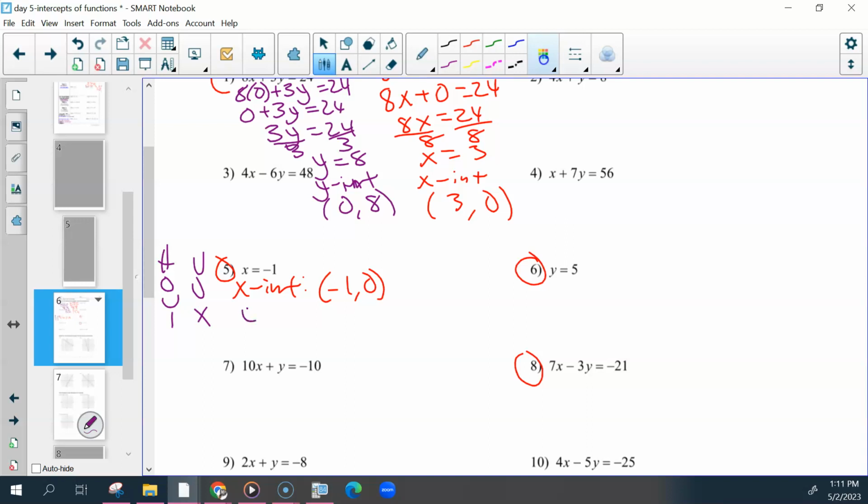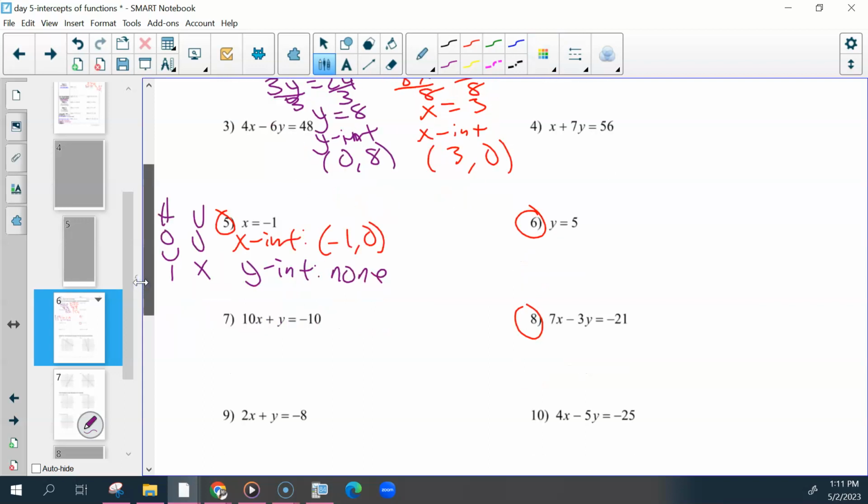So there is not a y-intercept. You put none, or NA, doesn't exist. You can't put 0 though, because that would mean there's a y-intercept at 0. So then, what do we think happens with 6? Oh, no x-intercept. Right. You have a y-intercept at 0, 5, but no x-intercept.